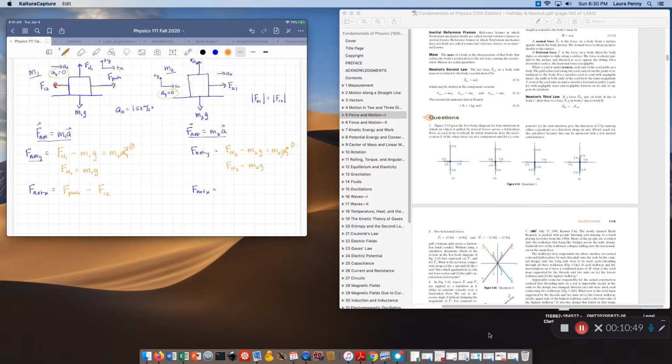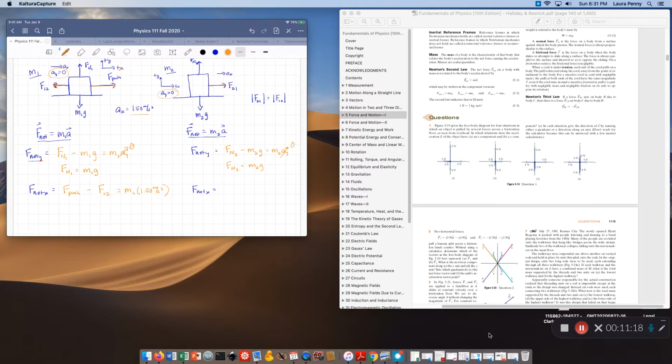I don't have to split anything up with cosine and sine this time. That has to equal mass 1 times the acceleration. The acceleration is this 1.5 meters per second squared. Now I don't know F push. In fact, I'm trying to find out F push. And I also don't know F12. I'm trying to find out F12. And so I have to leave this equation as it is right now.